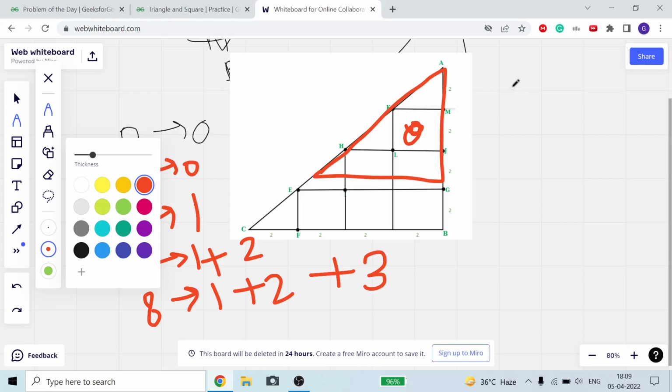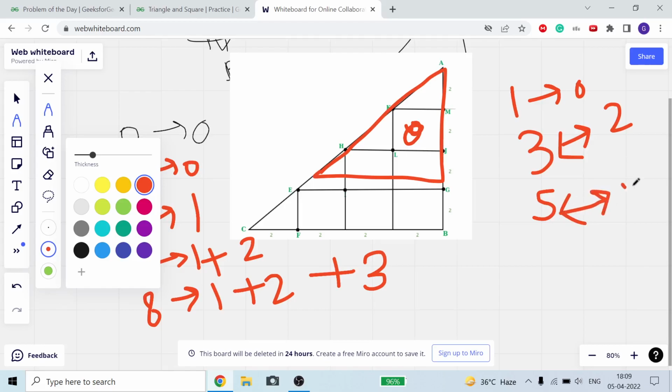So in 1 we can put the same number of squares as in 0. In 3 we can put the same number as in 2. In 5 we can put the same number as in 4. Similarly in 7 we can put the same number as in 6.